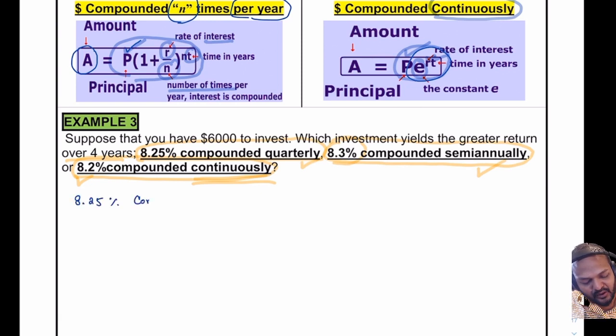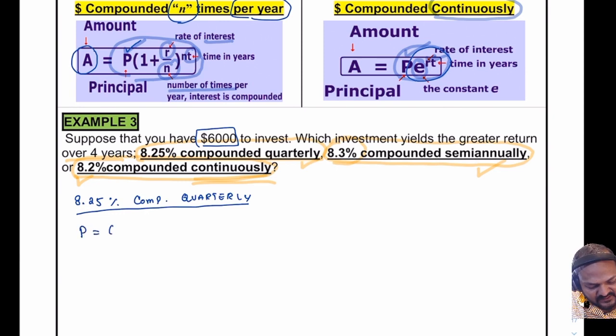8.25% compounded quarterly, right? Let's try to write down the variables. The investment is 6,000, so that is going to be my P. P is 6,000, right? And the investment is for 4 years, so the T is going to be 4 years.